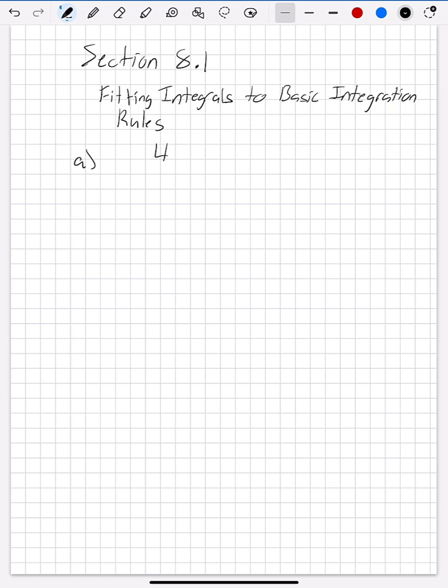So I've got 4 over x squared plus 9. I'm going to take the integral of that with respect to x. Just looking at this, I don't know exactly how to take the integral of this written like this, but I can factor this 4 out and rewrite this as 4 times the integral of 1 over x squared plus 9 dx.